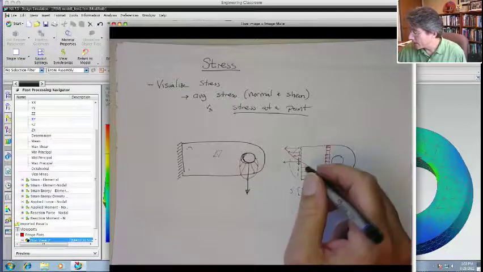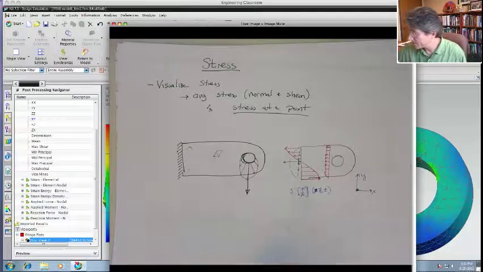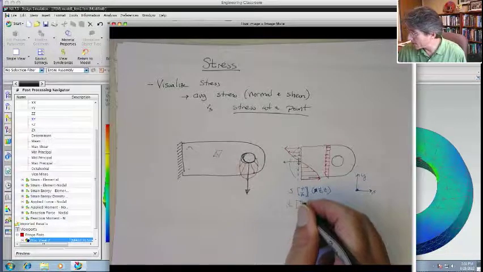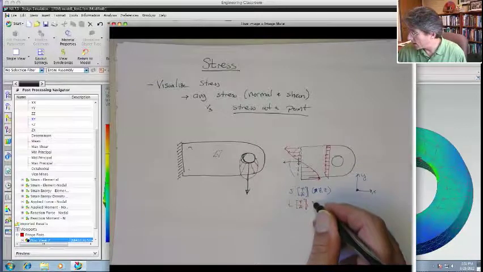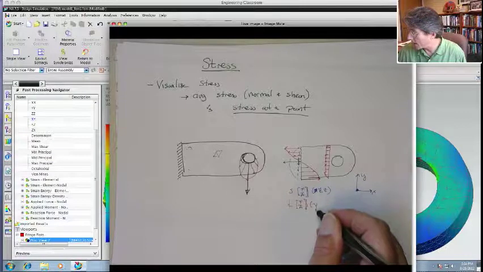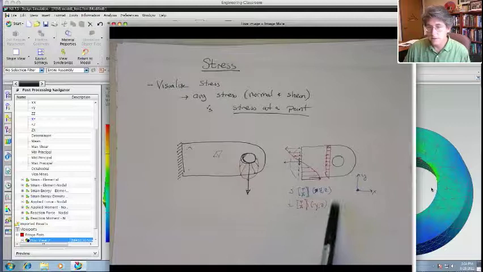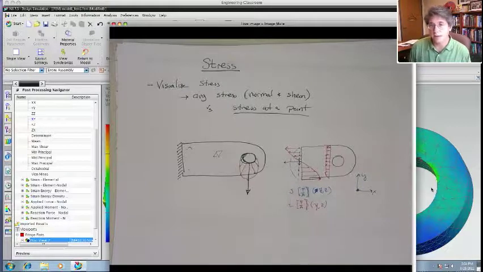Likewise, the red ones are the normal. They also have units of force per area, and they're also a function of Y and Z. Although I won't do it here, the computer can do it, and you can get that precise distribution and visualize it here.